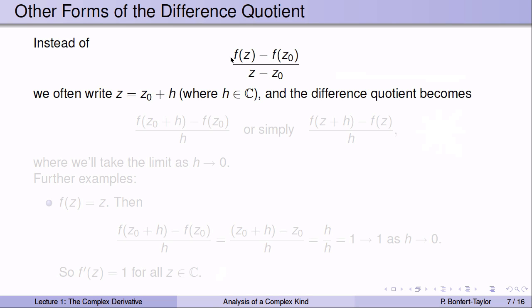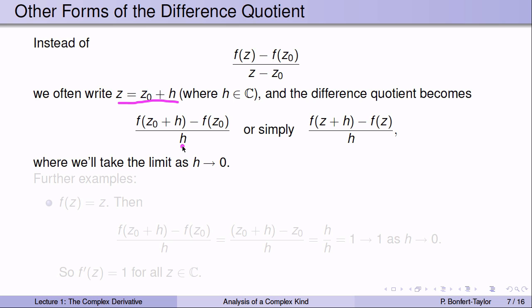Sometimes, instead of writing the difference quotient as f of z minus f of z0 divided by z minus z0, we write z as z0 plus h, where h is a complex number. And the difference quotient then would become, instead of writing z here, we're going to write z0 plus h. So f of z0 plus h minus f of z0. And z minus z0 then becomes, if we write z as z0 plus h, and subtract from that z0, what's left over is h.